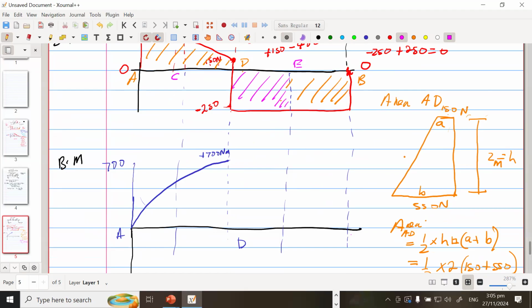So the difference between 700 and minus 250, what value am I supposed to be getting? That's 700 minus 250. So I'm getting 450. So drop it back down to 450.